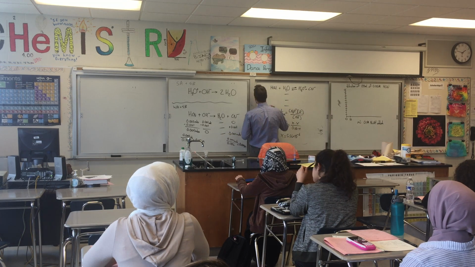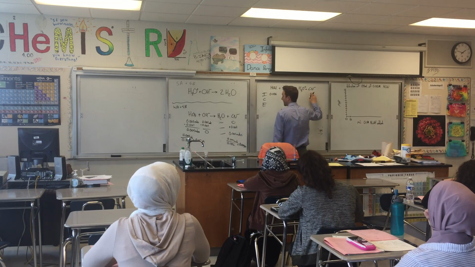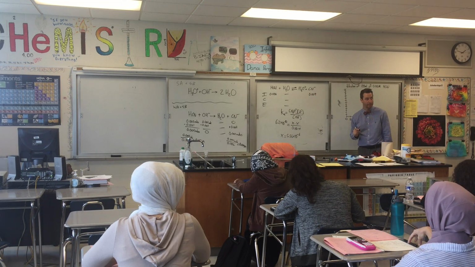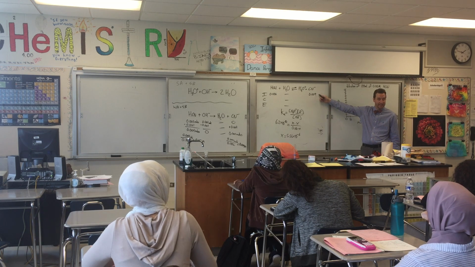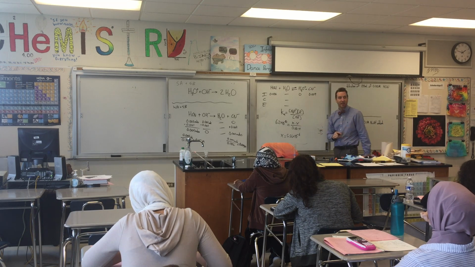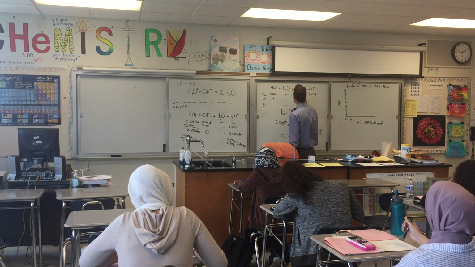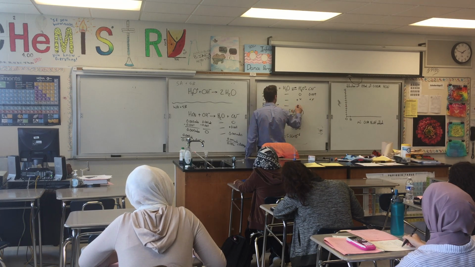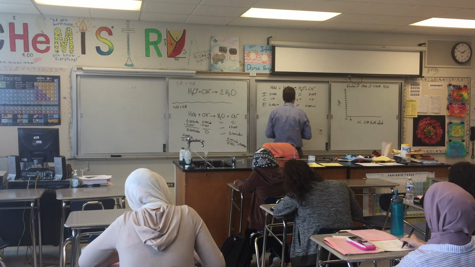We have 0.036 molar HCN, but we have 0.009 molar CN minus. That's important. We have to keep track of the fact that now there's still some CN minus in the solution. That's going to affect our answer. H3O plus we're still going to assume is 0 for right now. And we're still going to go minus x, but now we have 0.036 minus x here, x for the H3O plus, and 0.009 plus x for the CN minus.